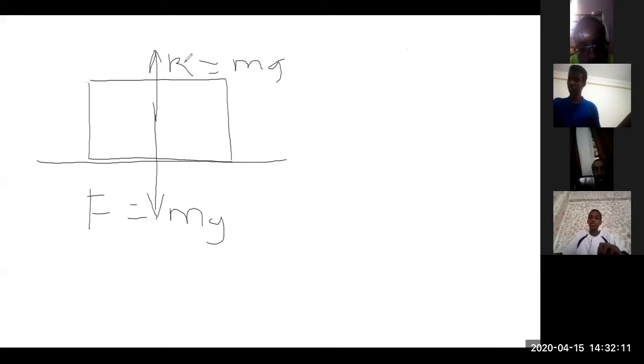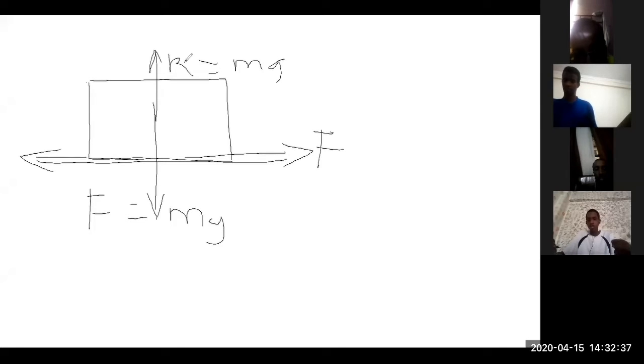And then if there is an unbalanced force acting on that body, or if you apply a force on that body, then let's say we have the action force there. If the body is moving towards the right, there's going to be an opposing force, a friction force, which will act in the opposite direction.